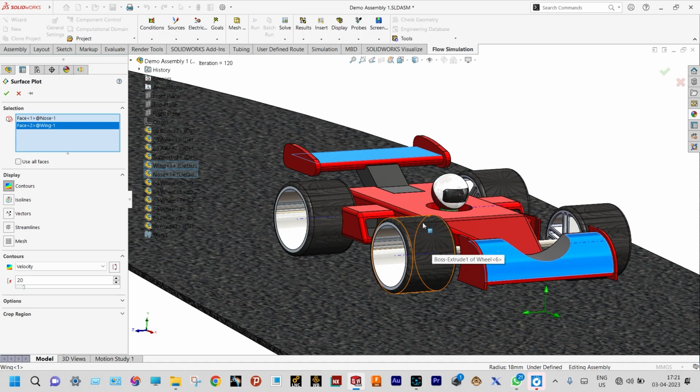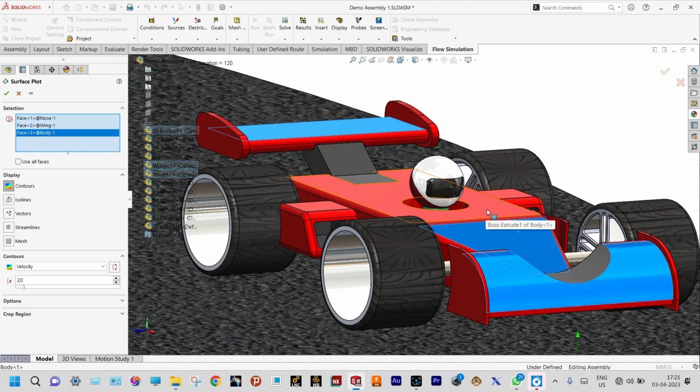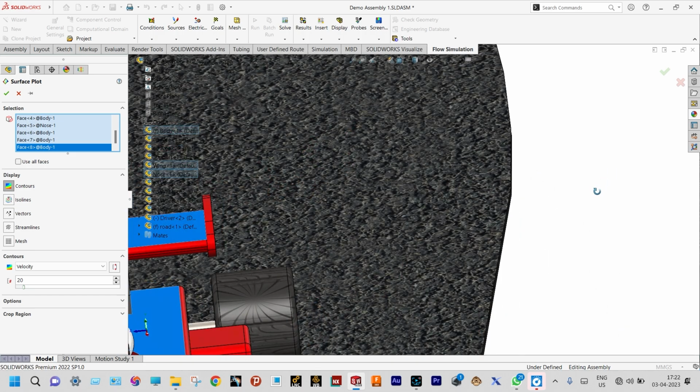Velocity at the surface where the wheel is known already. It is moving with 200 kilometers per hour, so we are not providing on that surface. Let us provide some specific surfaces, or you can select all surfaces from here also, but we don't require. Let us select some specific surfaces, and on that specific surfaces we want to find out our different equal parameters.